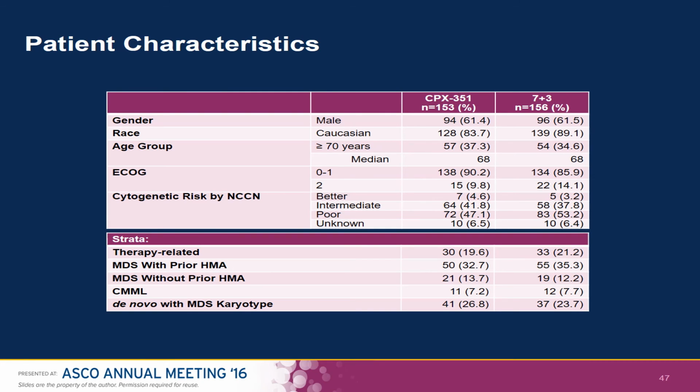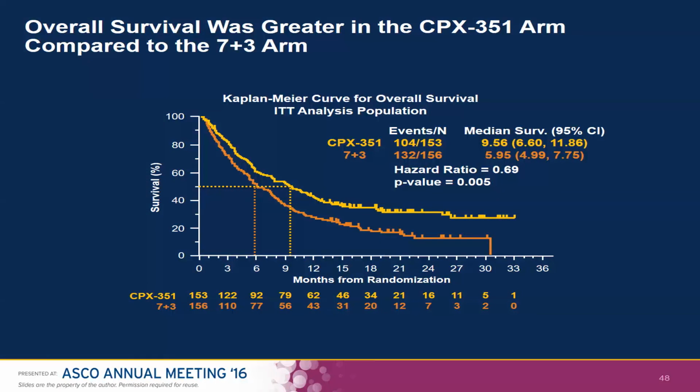actually designed this phase 3 trial that randomized patients now 1-to-1 to receive either CPX-351 or 7+3 for their initial AML therapy. These were patients between the ages of 60 and 75 years, either had therapy-related AML or AML with history of MDS, with or without prior hypomethylating therapy, or history of CMML.